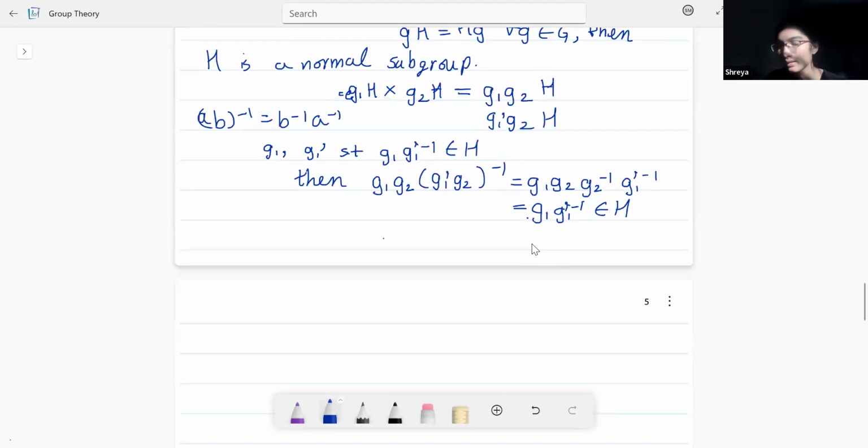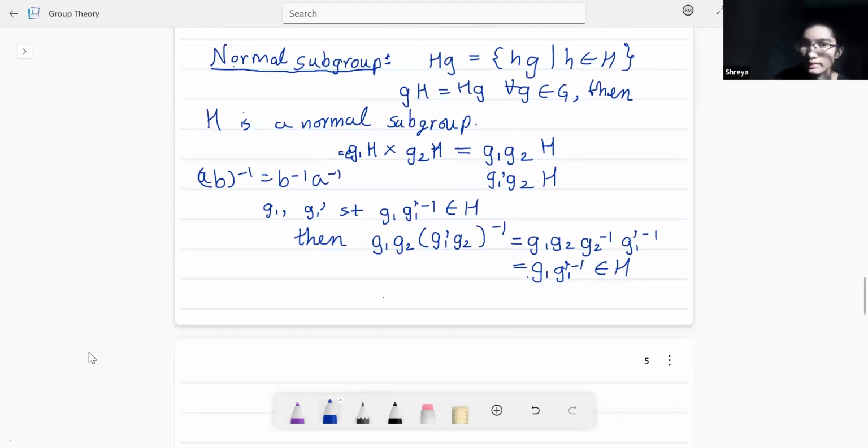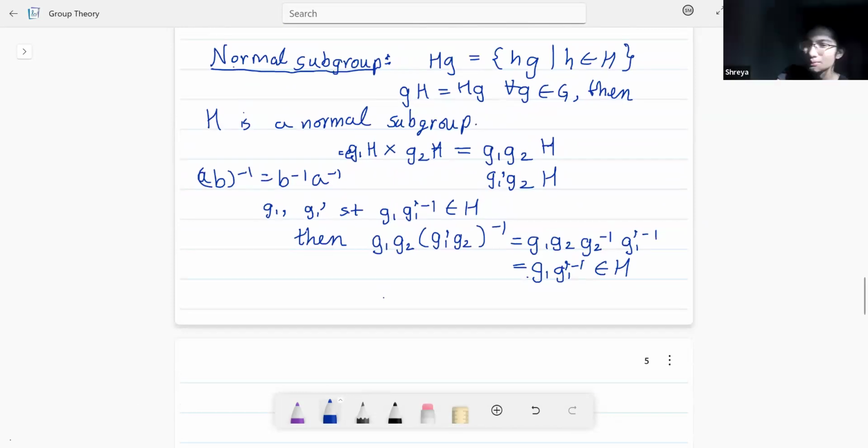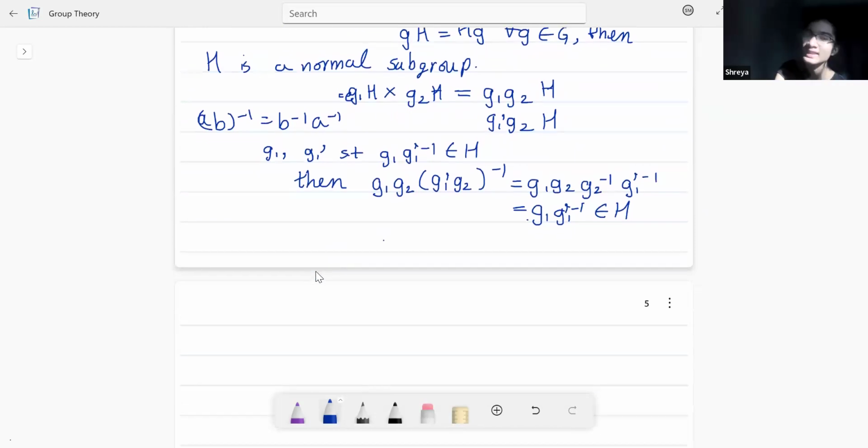Firstly, is the proof complete? That you can mod out by H. We also need to prove the inverse. Yes, you have to prove inverse.